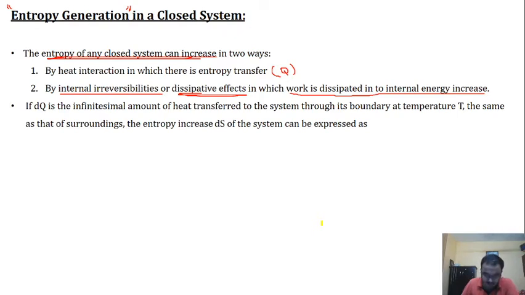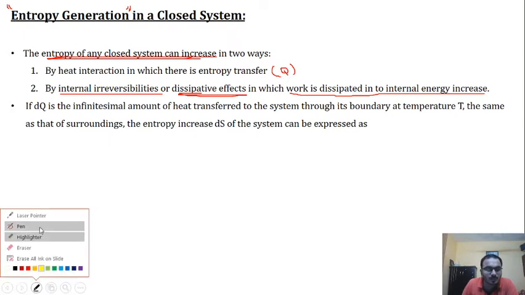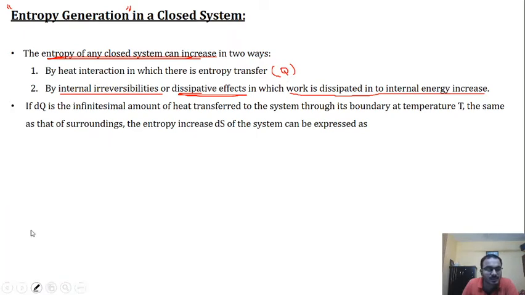Now let us say that here this is inexact differential d cut q.